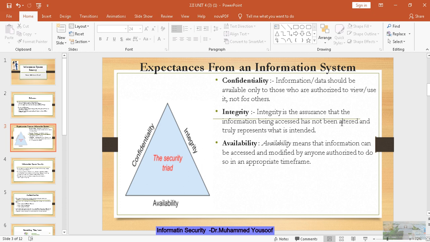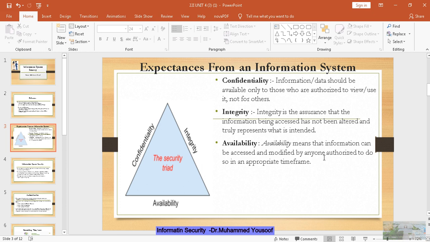What I am seeing is the true and real picture of the information that is stored in the information system. That gives me confidence that whatever information I get from the information system truly represents the information that is actually stored. That's called integrity.